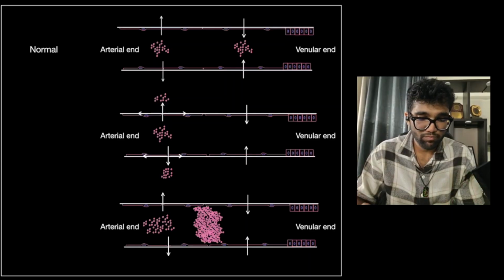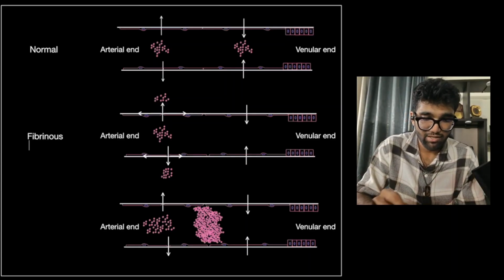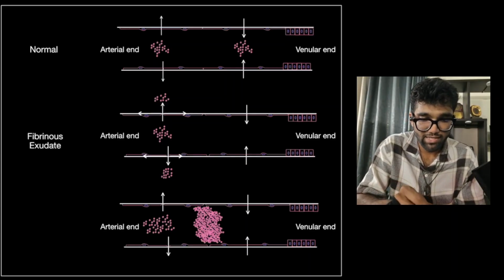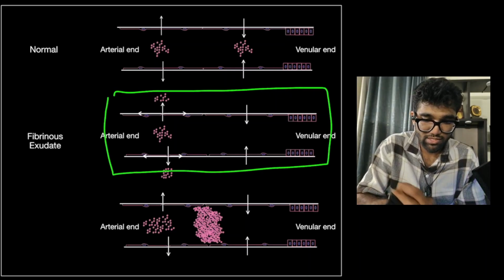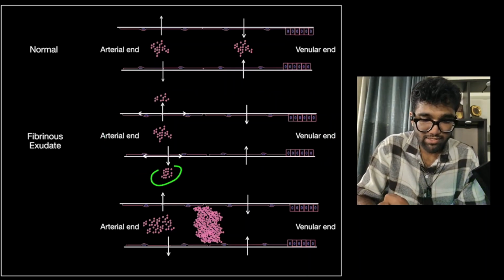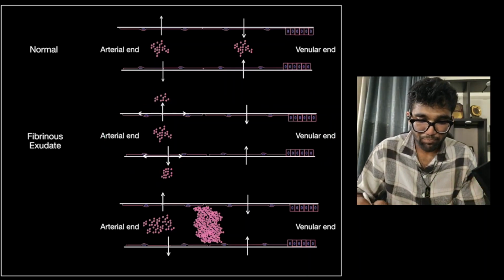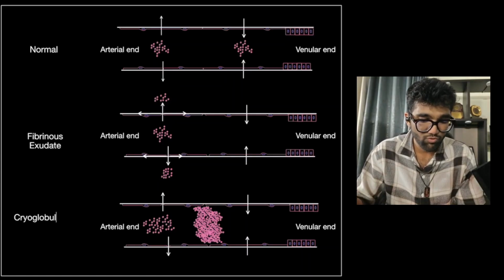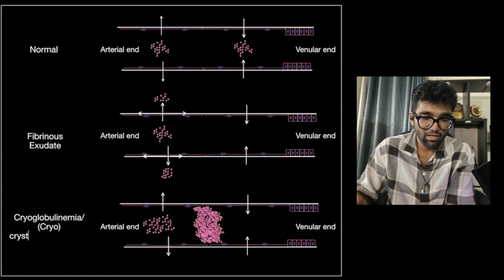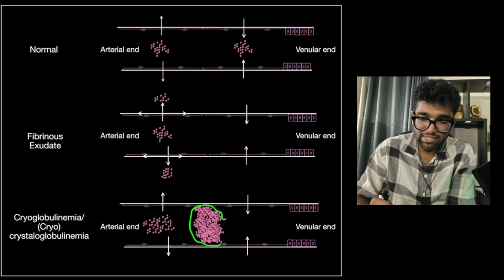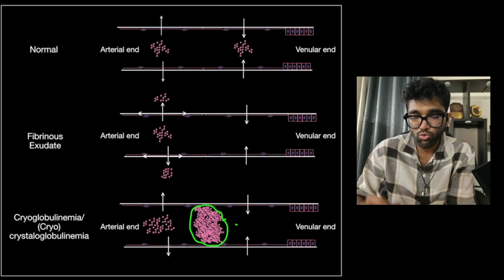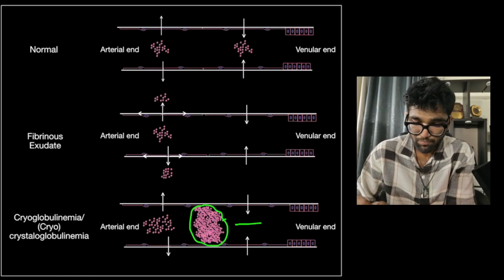So this here is what we call a fibrinous exudate. This is the fibrinous exudate that gets deposited. And the second situation is what we find in cryoglobulinemia or cryocrystalloglobulinemia, where the crystal gets deposited within the vessel, as a result occluding the vessel and resulting in distal infarction.